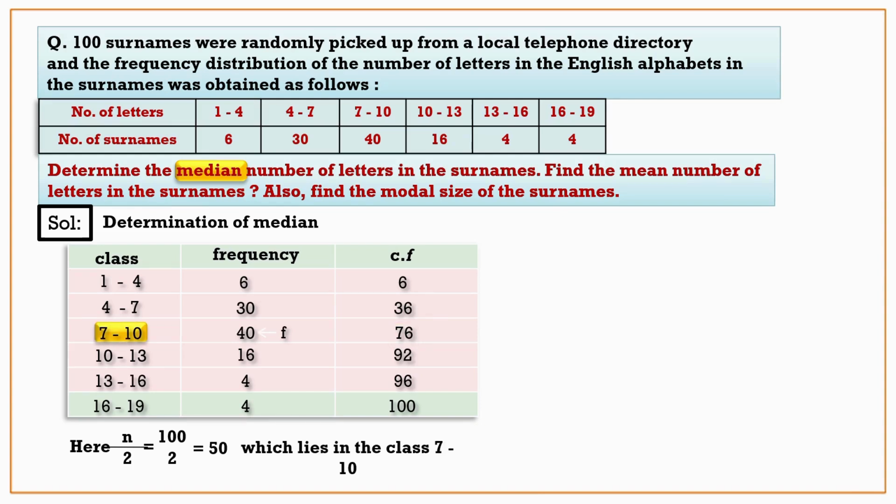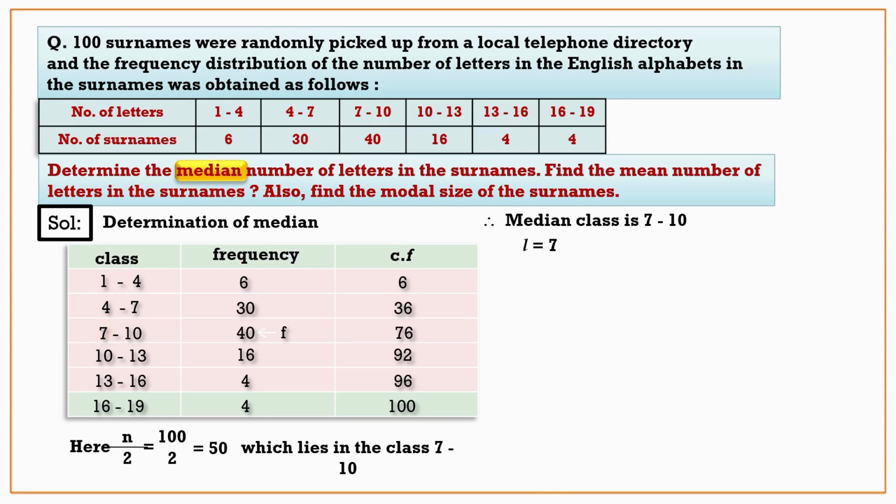So that row will become the median, and we choose the corresponding class as the median class. So 50 lies in the class 7 to 10. Now median class is 7 to 10.